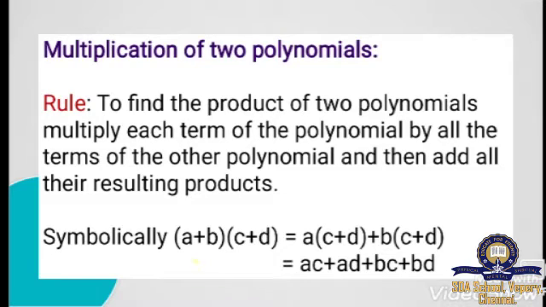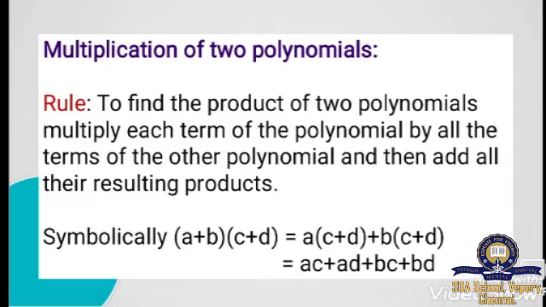First we take a inside, so we get a into the bracket c plus d. In the same way, next we take b, so b into c plus d. Now we take a inside, so we get ac plus ad. In the same way, when we take b inside, we get bc plus bd.